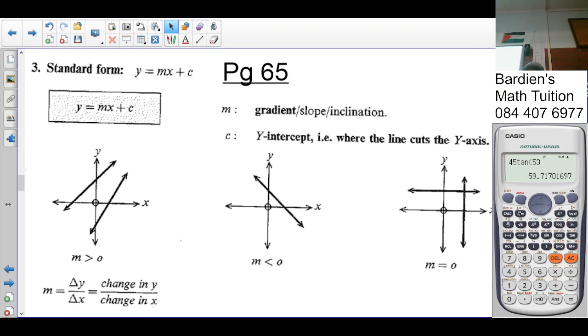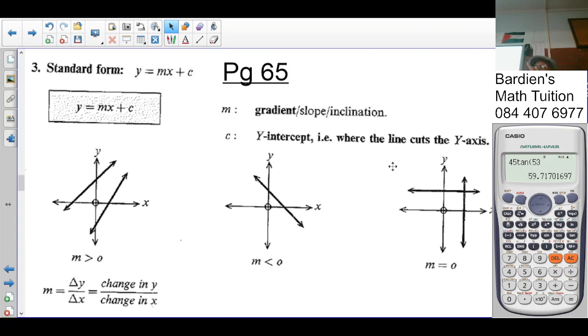Okay. So this note I want you guys to write down quickly. Standard form is y is equal to mx plus c, on page 65. M, we said m is your slope, gradient, or it's also known as your inclination.